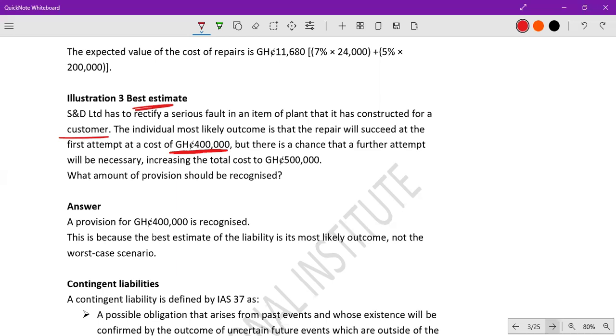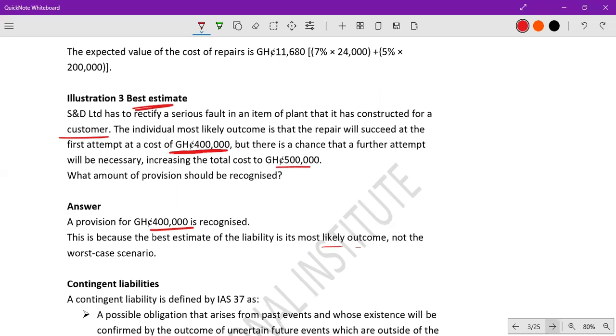For the best estimate, you will not take the worst case scenario, the worst outcome. So we are saying that the provision that should be recognized should be 400,000. This is because the liability is the most likely outcome, not the worst scenario.